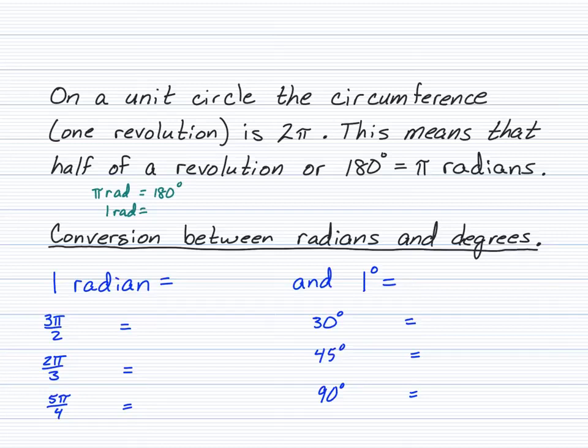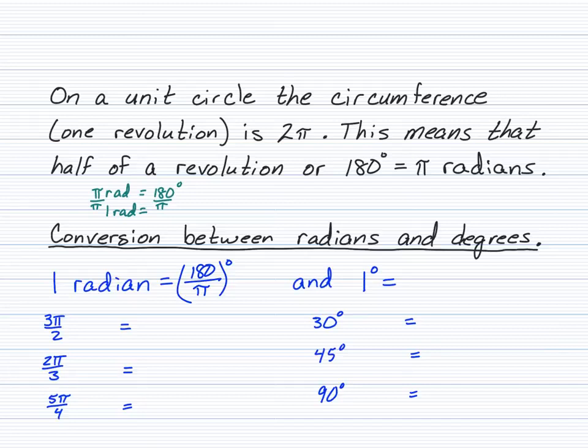Well, to do that, what you would do is divide both sides by pi, because pi divided by pi would give us 1. Therefore, 1 radian is equal to 180 divided by pi degrees.